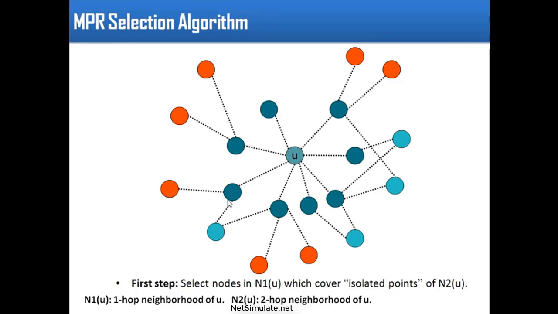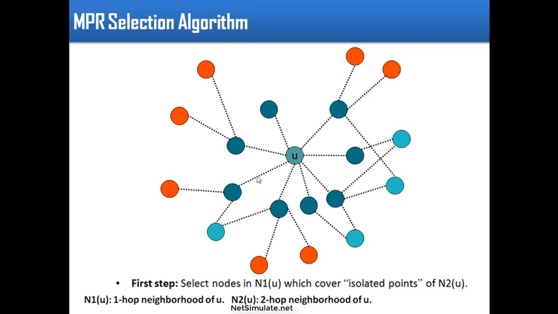This one is also connected with one neighbor of u. This node, if you can see, is connected with two neighbors of u. So that's why we will not consider this node now. So in the first step we will consider which nodes are isolated, which nodes are connected only with a single neighbor of u. So we will consider all those neighbors.